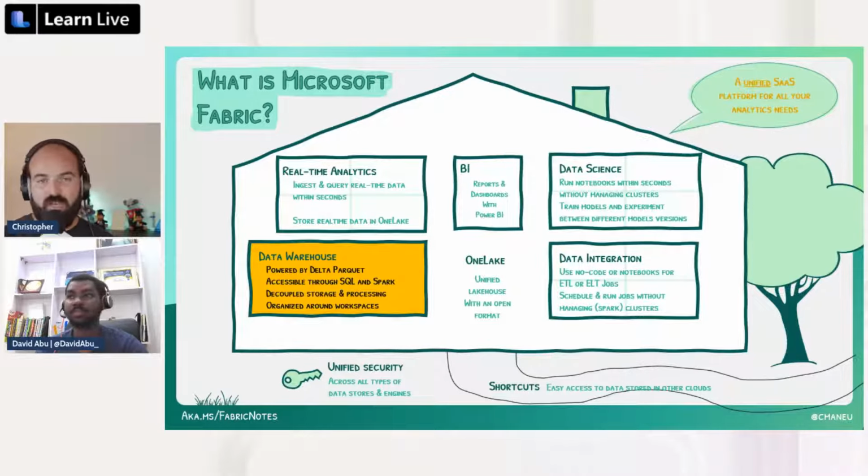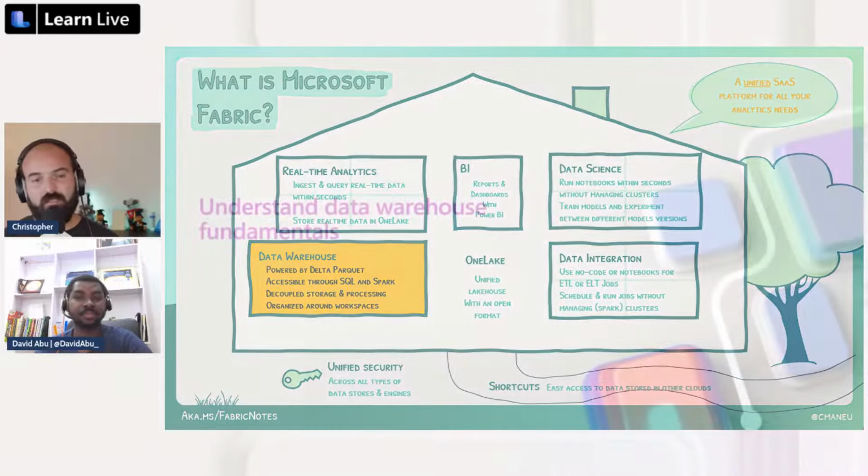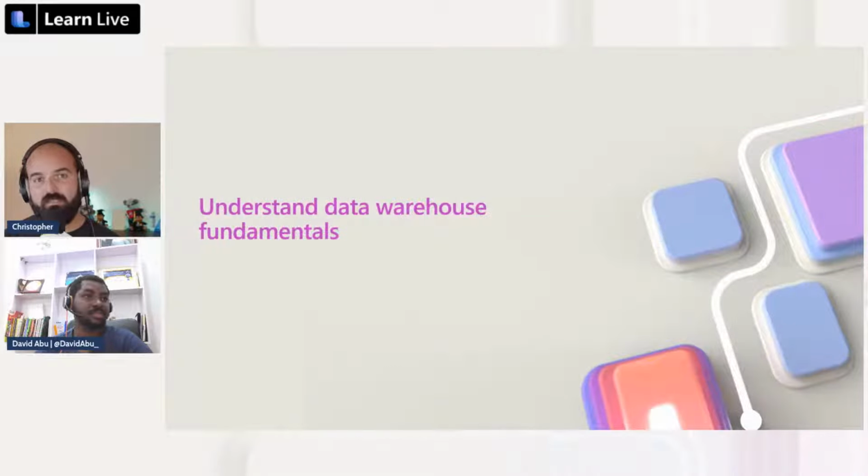So from the real-time side of the world, or a data scientist could easily tap into the data that is already present in your data warehouse to create a model or use a model to augment the data you have in your data warehouse. So I think we can go next and start talking about what is data warehouse.